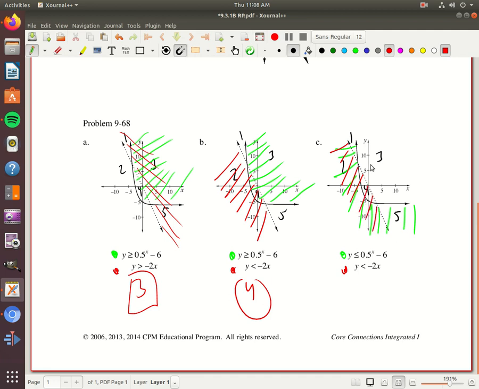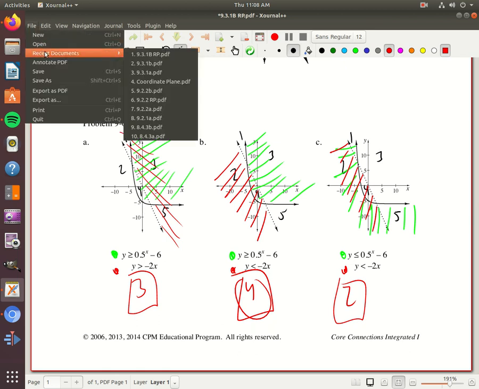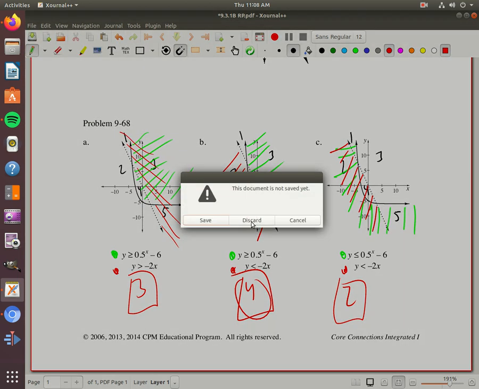So you can see 1's a no because it's green only. 2's a yes because it's both. 3's a no. 4's a no because it's red only, and 5's a no because it's green only. So this is what would happen if we change these inequalities. You can see it looks crazy, and I got to be honest, it was nice having this resource page for sure.